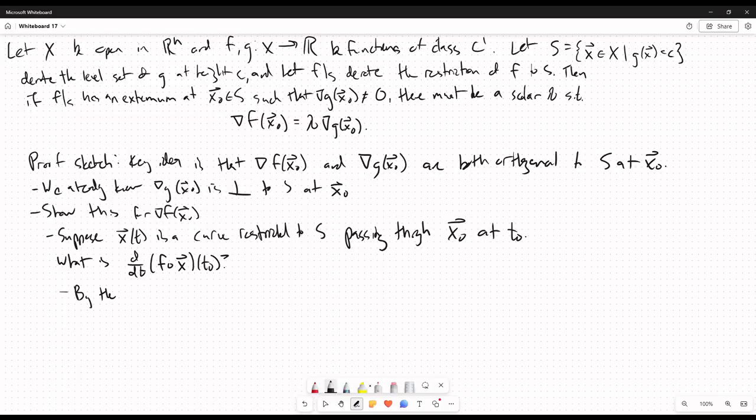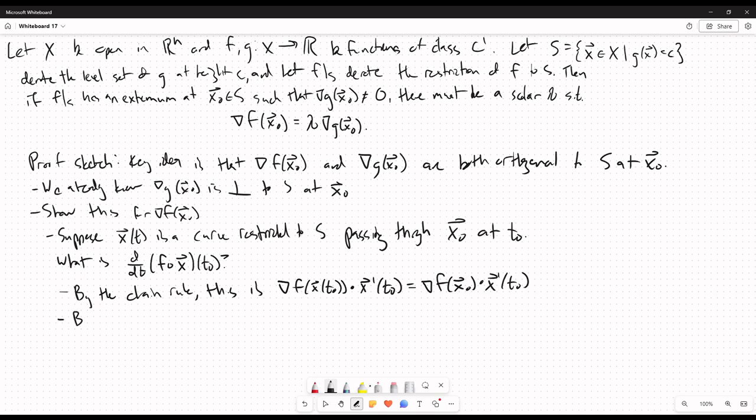By the chain rule, this is the gradient of f at x of t naught dotted with x prime of t naught, which equals the gradient of f at x naught, because x naught is x of t naught, dotted with x prime of t naught.